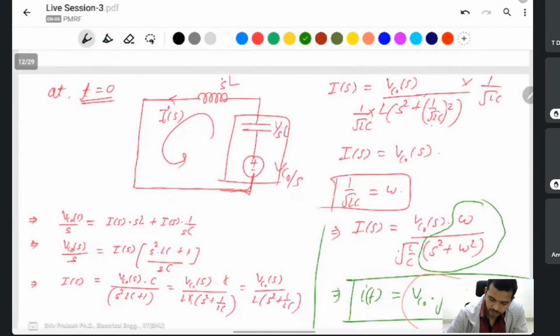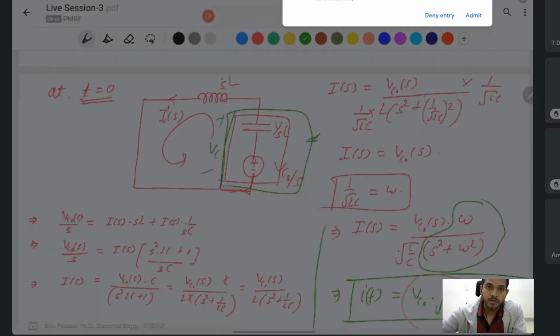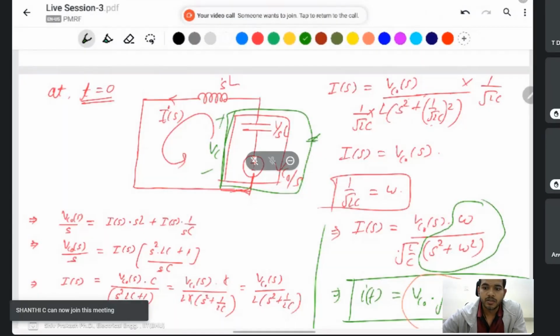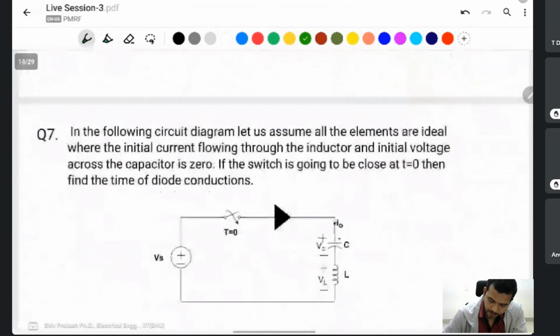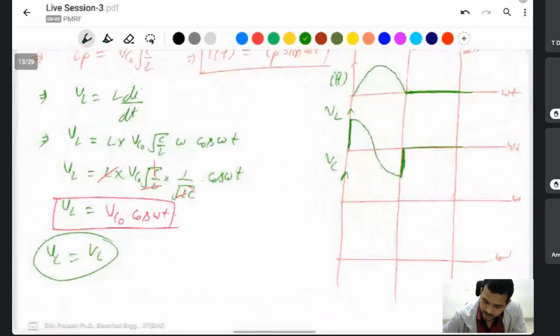This one is the whole capacitor voltage. Overall, this one is a capacitor with an initial voltage. Then you take this one, that is VC, the capacitor voltage, and this is equal to the inductor voltage. VC is equal to VL. That's why this one is the same waveform.